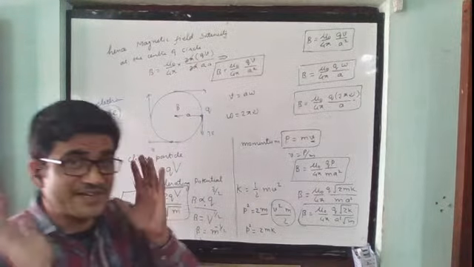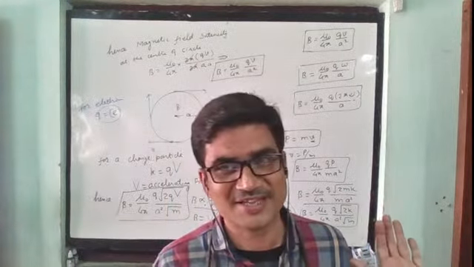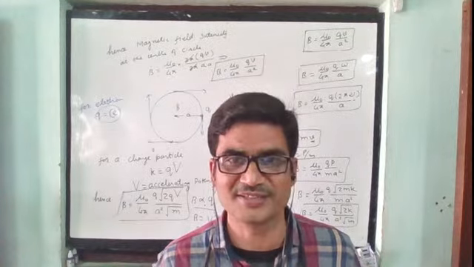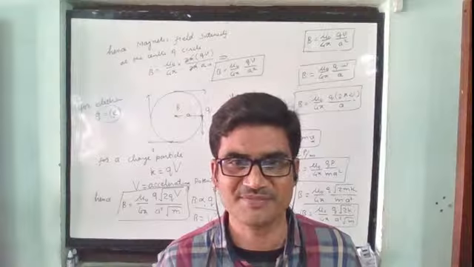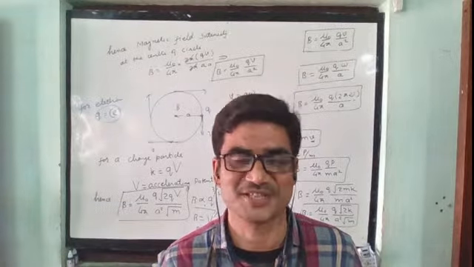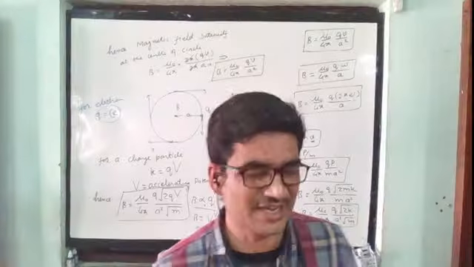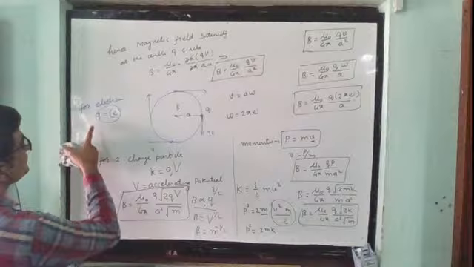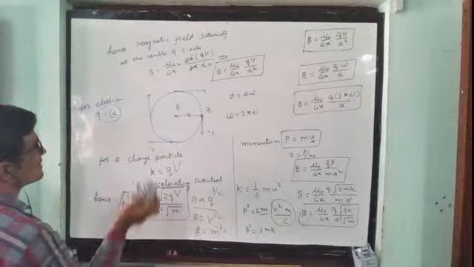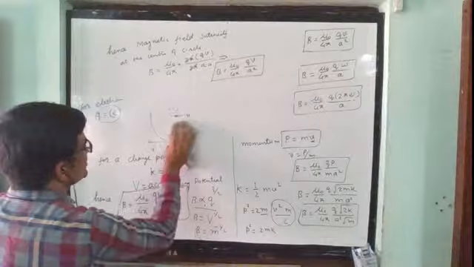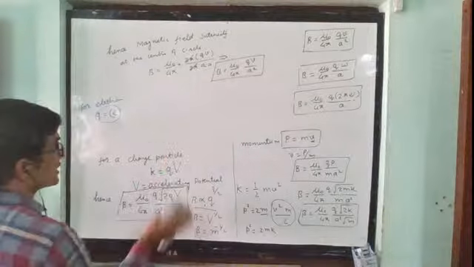Remember, always remember, we have to apply the same formula itself, but the direction of the magnetic field produced will be just opposite. In case of electron, every formula will be the same. Instead of Q, we have to take a minus, but the direction will be different.